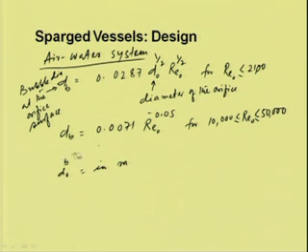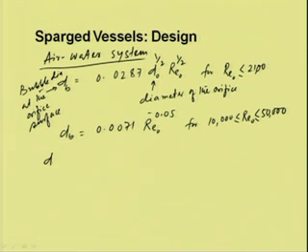For the transition region, that is the Reynolds number between 2100 and 10,000, particularly for air water system, we can use interpolation between these two equations.